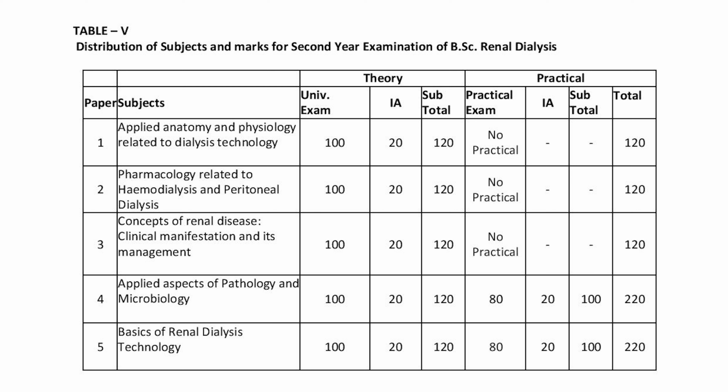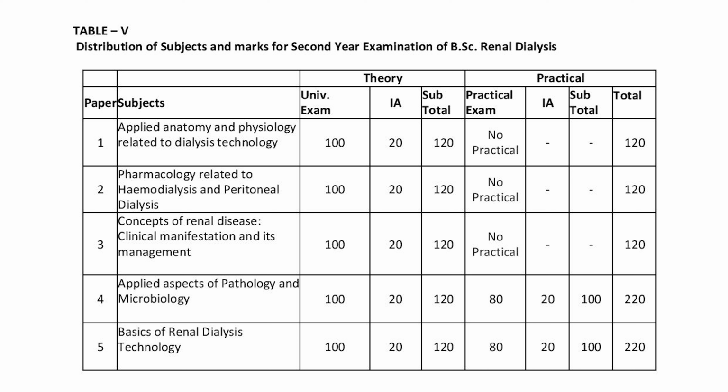Theory exam in anatomy and physiology related to dialysis technology is 120 marks: anatomy 50, physiology 50 and IA 20 marks. Pharmacology related to hemodialysis and peritoneal dialysis is a 120 marks theory exam, 100 marks theory and IA 20 marks.